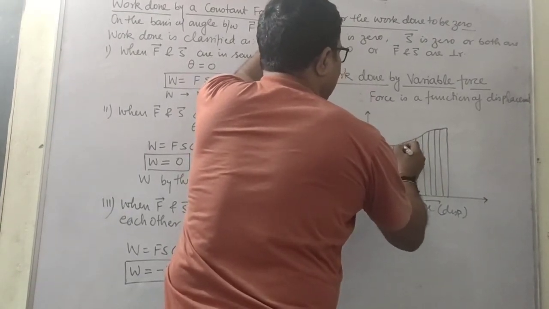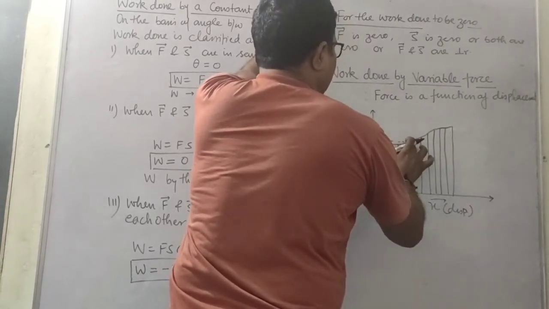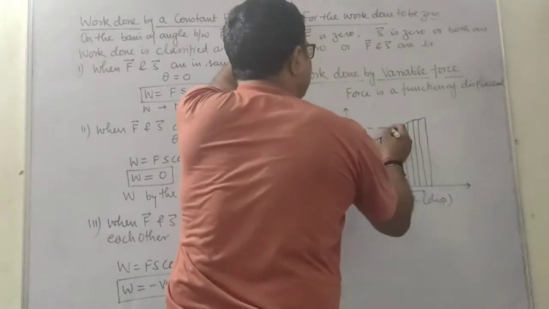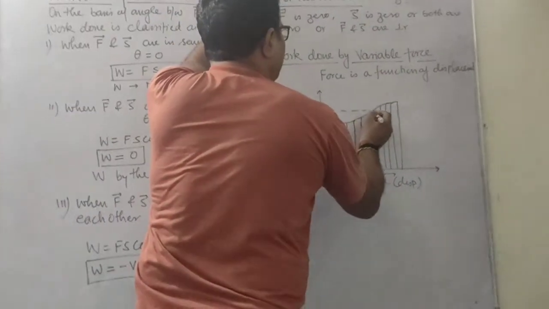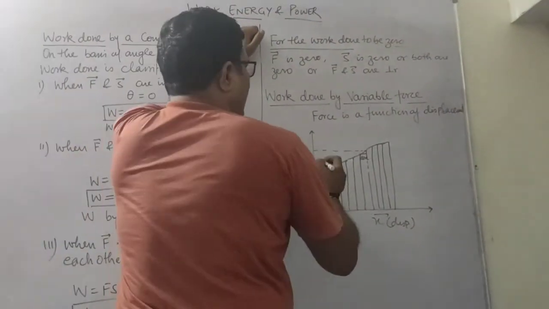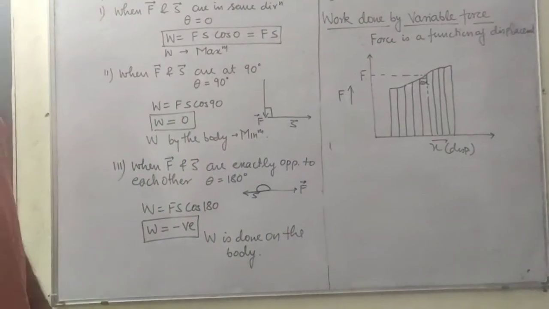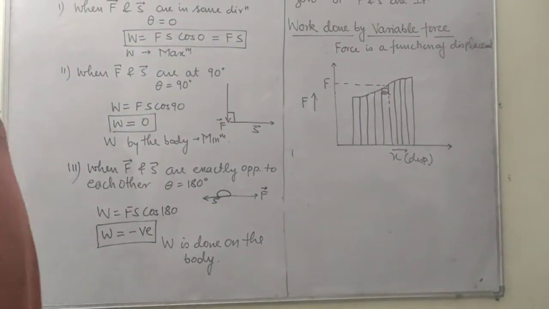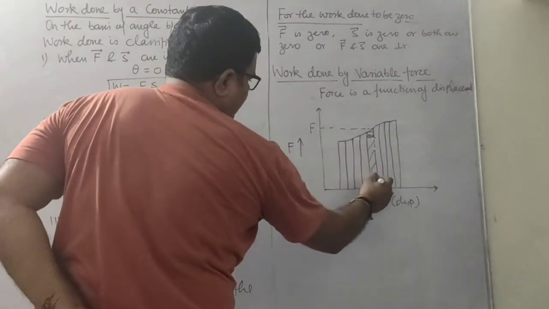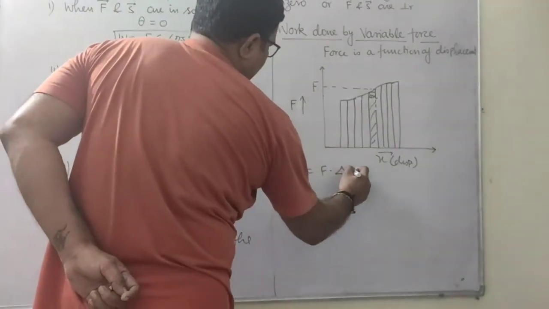I am considering this part, taking it as delta x for this force F. I have divided this in equal parts. So for this equal part, work done is given by F into delta x.